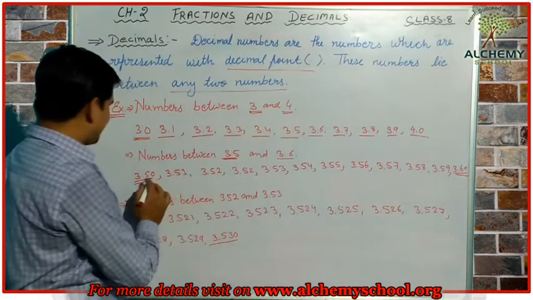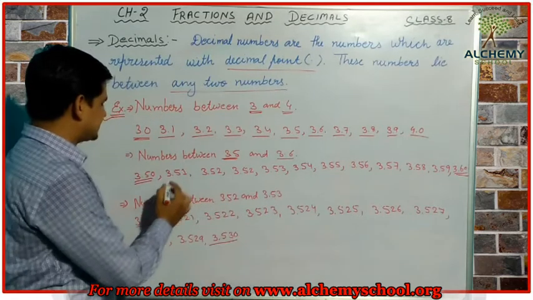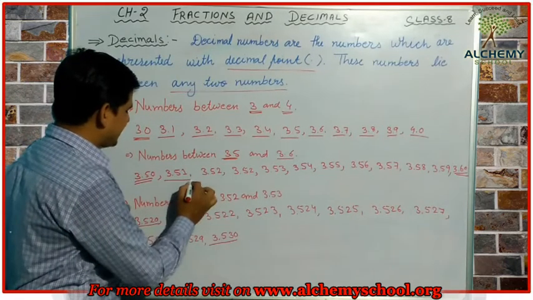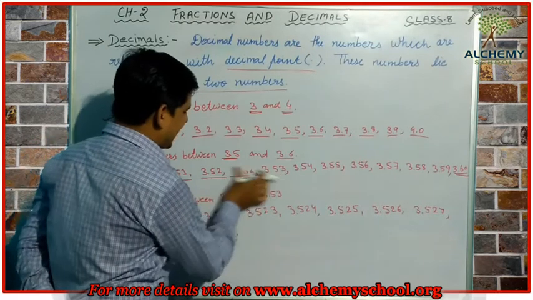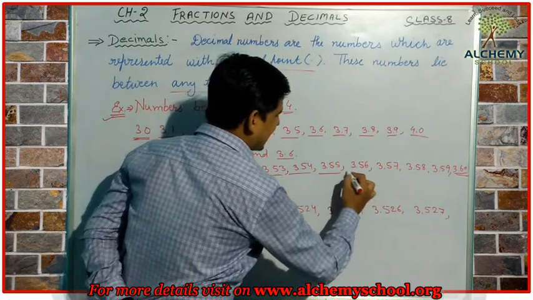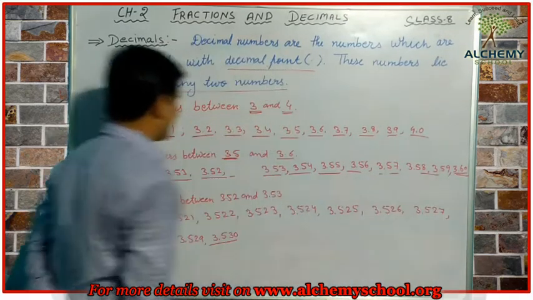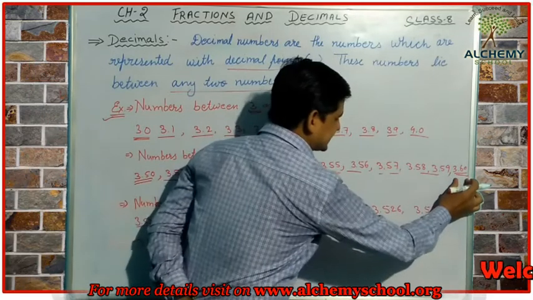Between 3.50 and 3.60 again we have many numbers and we can write them as 3.51, 3.52, 3.53, 3.54, 3.55, and these are the numbers which are available between 3.50 and 3.60.